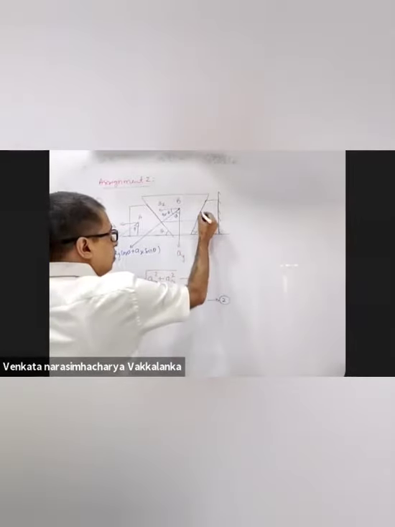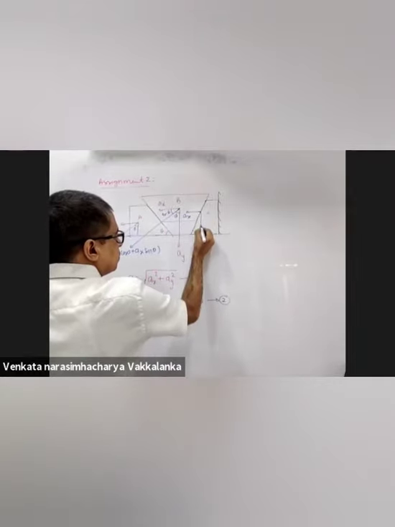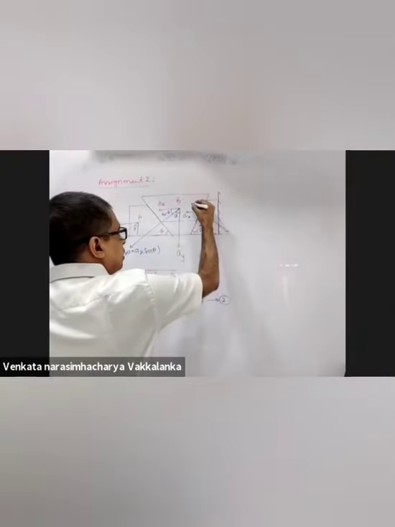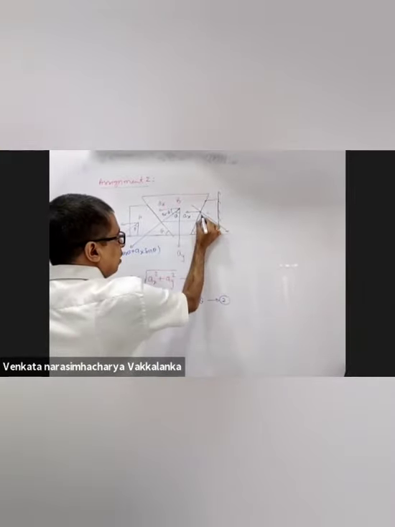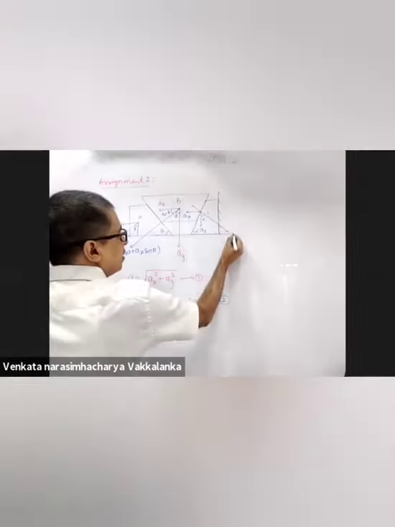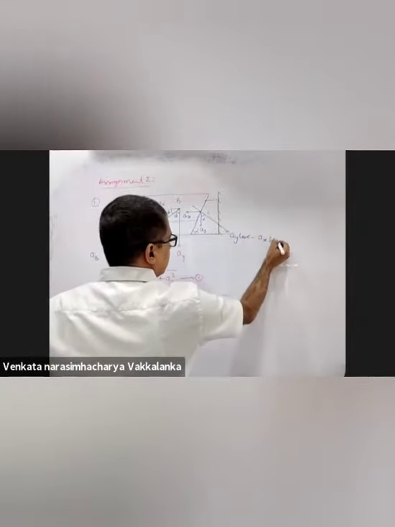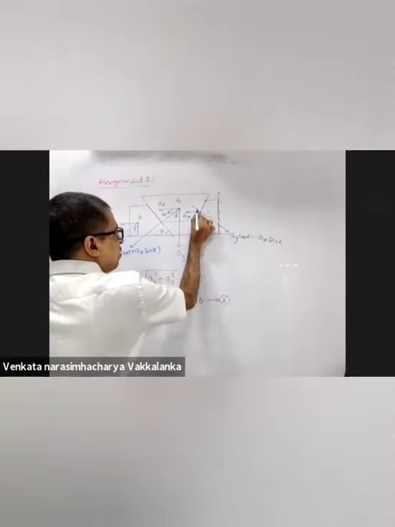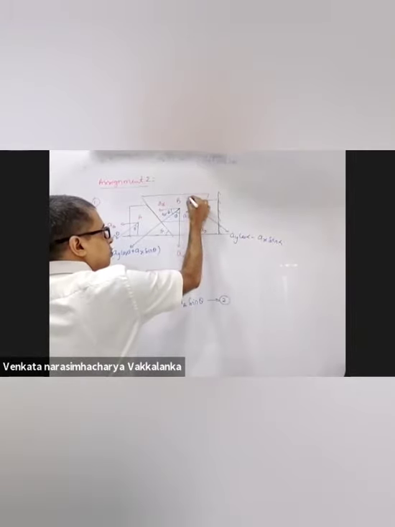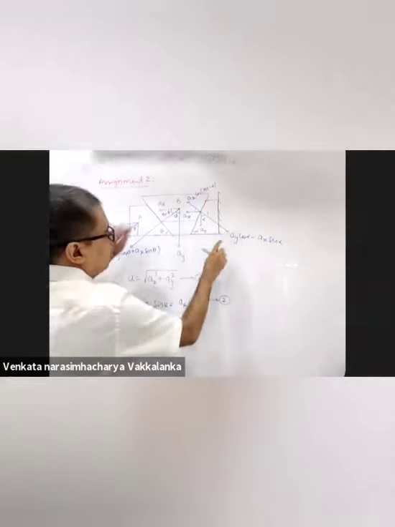Something equally important. If this is AX, this is AY, and this is alpha, so this is alpha, right? AY cos alpha minus AX sin alpha, because if this is alpha, this is 90, this is 90 minus alpha. So this is AX cos 90 minus alpha.